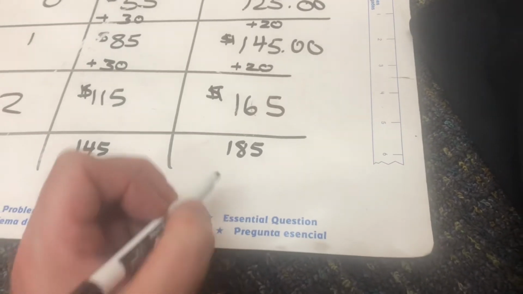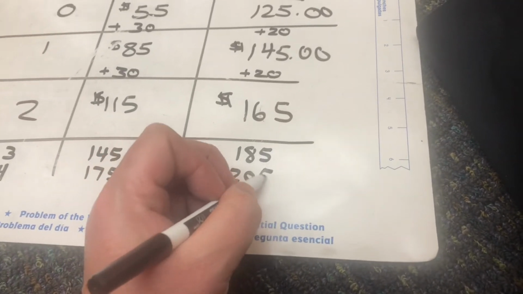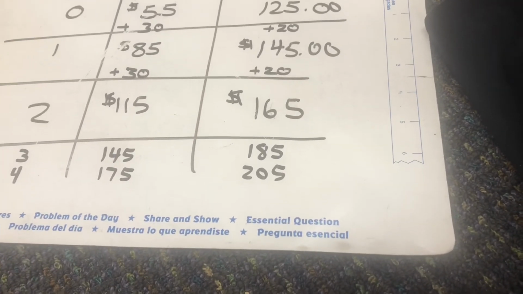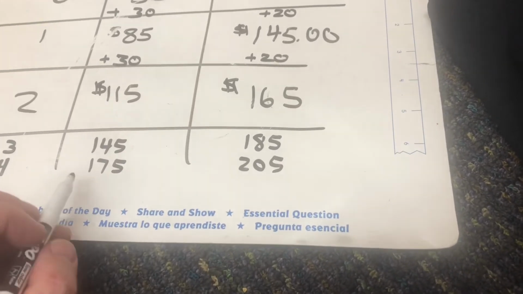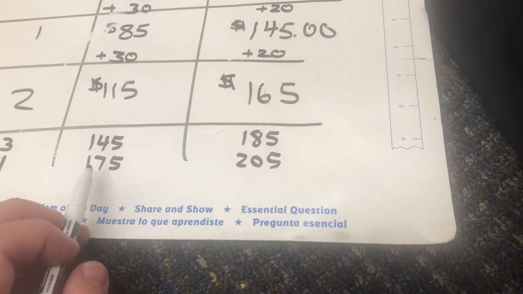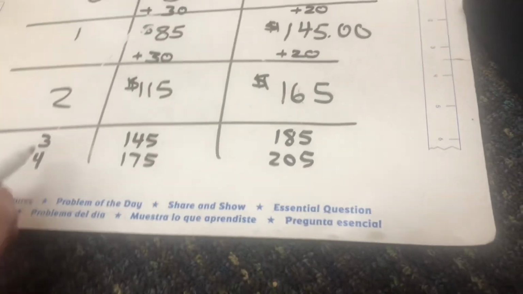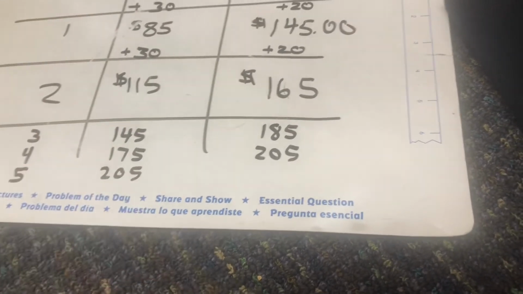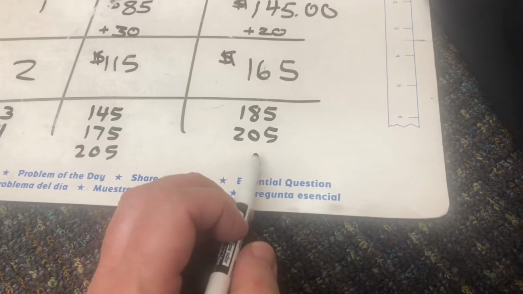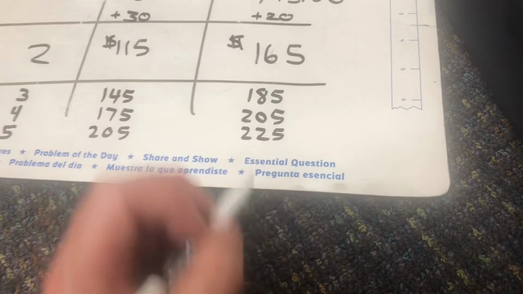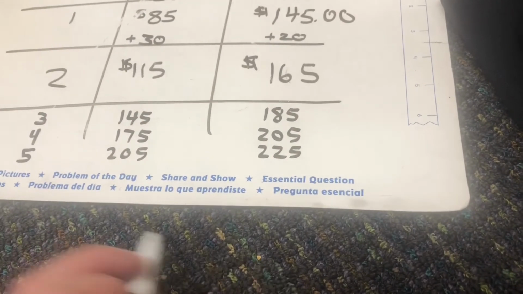I add 20 to 185, I get 205. Okay, so here we go again. Now, if I add 30 to 175 for month 5, I get 205. If I add 20 to 205, I get 225. Not the same yet.